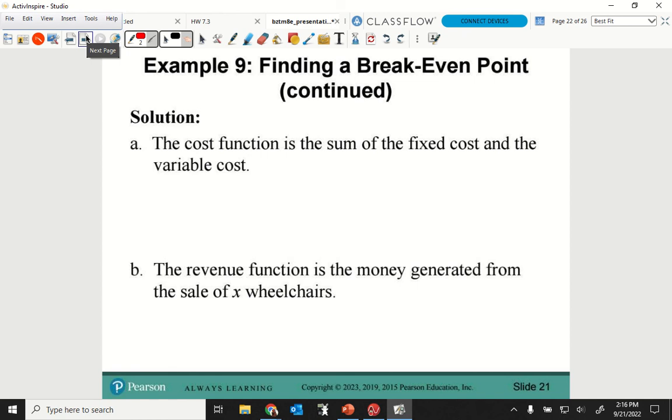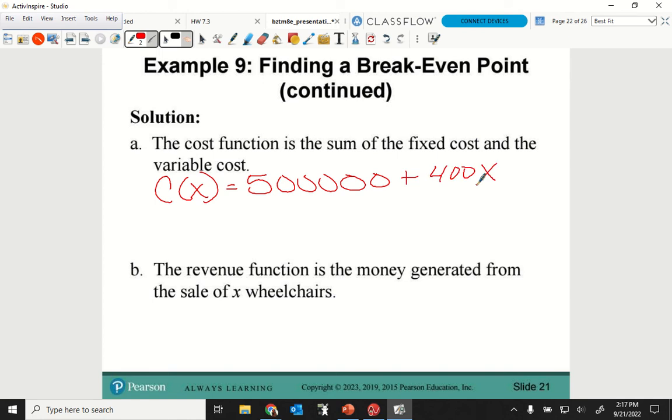So the cost function is the sum of the fixed cost and the variable cost. So my cost function is going to be my fixed cost, which is $500,000, plus the variable cost. What did it cost me to produce one wheelchair? $400. So it's $400 per wheelchair, times x.